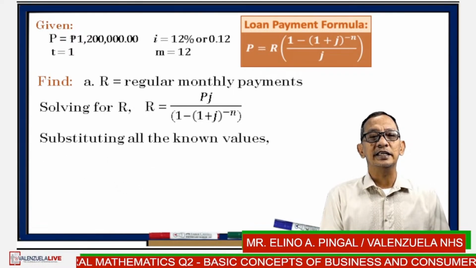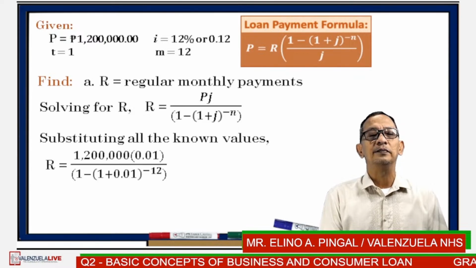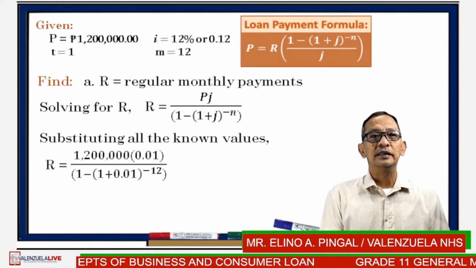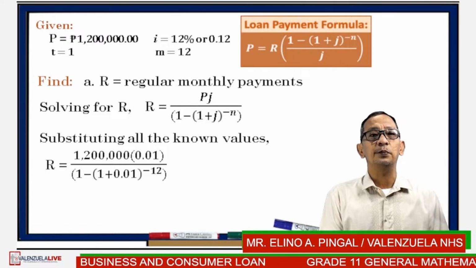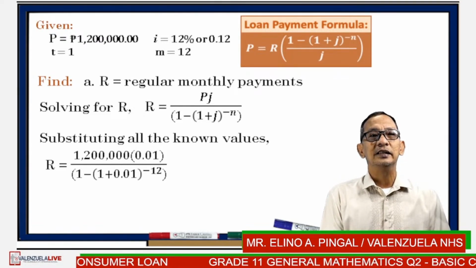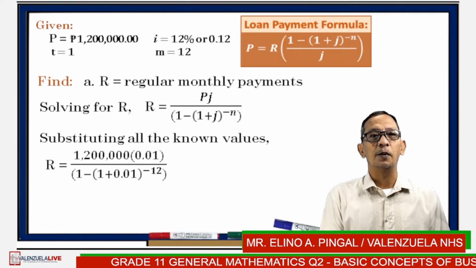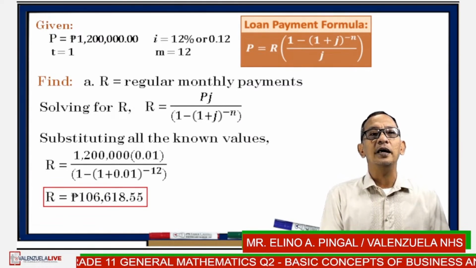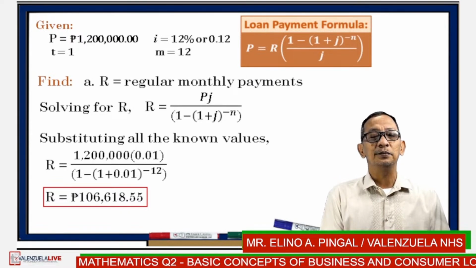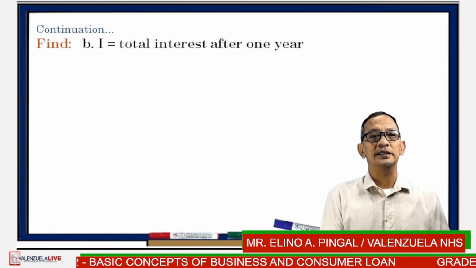Now, substituting all the known values, we have R is equal to 1,200,000 times j, which is equal to 0.01, all over 1 minus the quantity 1 plus 0.01 raised to negative 12. Computing, we have R equivalent to 106,618.55 centavos. That is for the regular payments.